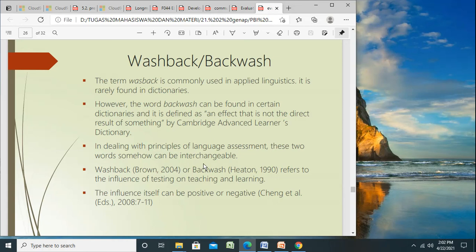Jadi washback or backwash ini adalah seperti feedback untuk siswa kalian ketika mereka memperoleh nilai jelek atau nilai bagus. Kalian kasih feedback ke mereka, kalau jelek harus seperti apa, kalau bagus harus seperti apa, ya. Itu adalah pengaruh dari pengukuran, pengevaluasian, penilaian kalian.